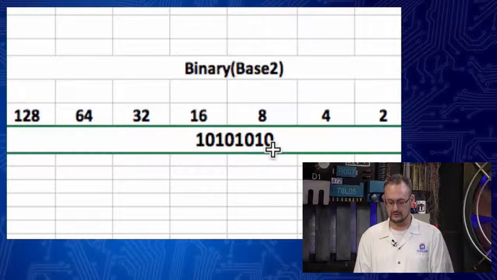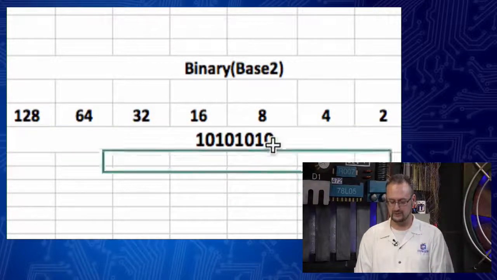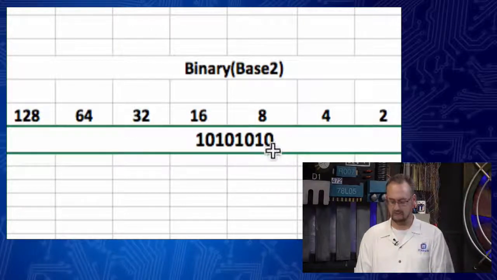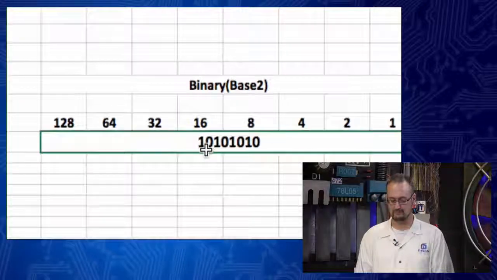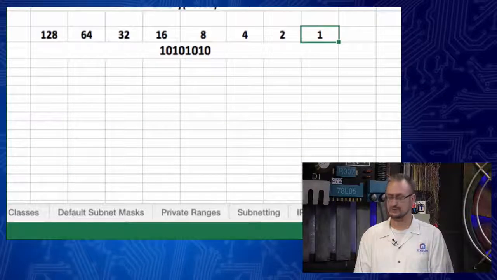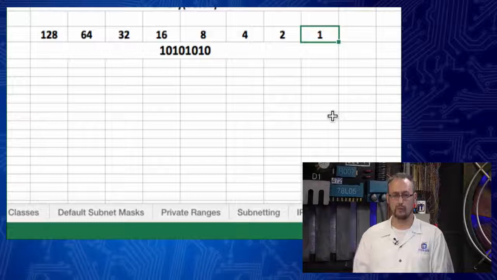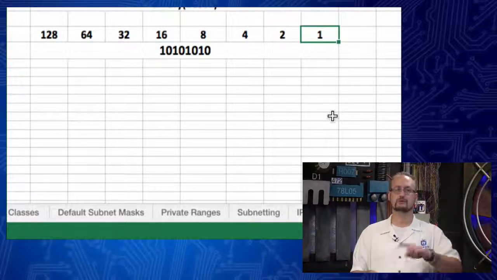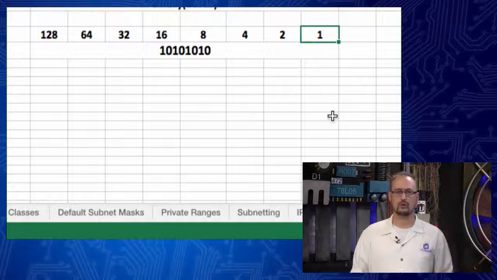I want you to think back to our place values. We've got a 1 place value, 2, 3, 4, 5, 6, 7, 8. If you look at the binary system, the base 2 numbering system, the place values work like this: 1, and then they double. 2, 4, 8, 16, 32, 64, and 128.